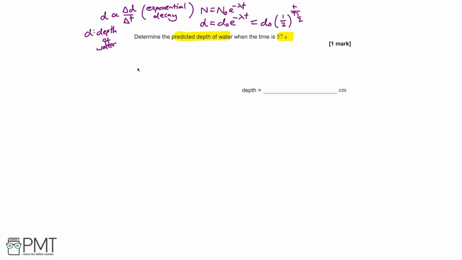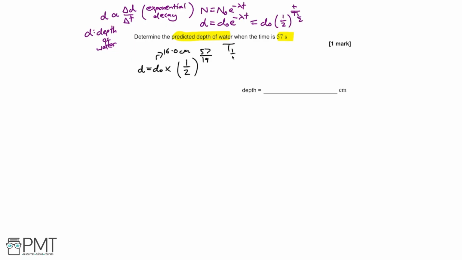Therefore, we can use the fact that D, the depth of the water at any given time, is equal to D0, which will be 16.0 centimeters, multiplied by a half to the power of the time, which is 57 seconds in this case, divided by the half-life, which is 19.